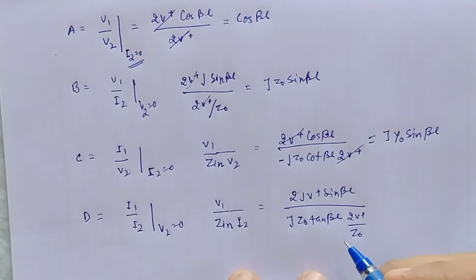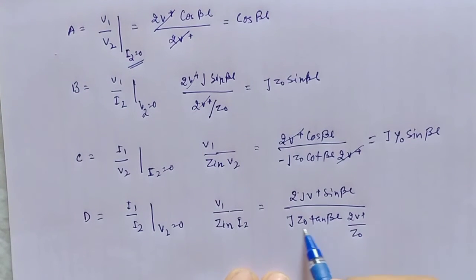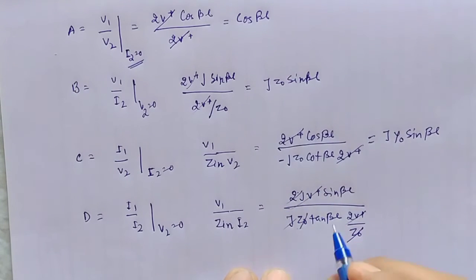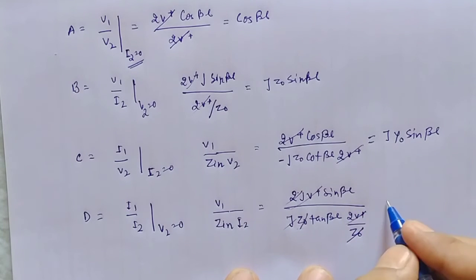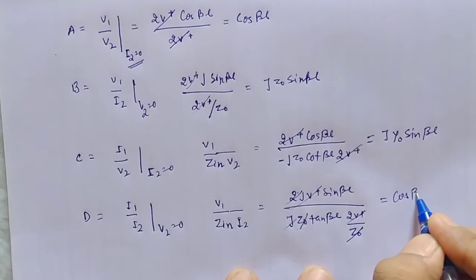This is the condition when my circuit is short circuited. That's why I have written Zin as jZ0 tan βL. So Z0 cancels, 2V plus j and 2V plus j are cancelled. Tan βL will be sin βL by cos βL. When it goes up, sin will be cancelled out, and this term will be cos βL.